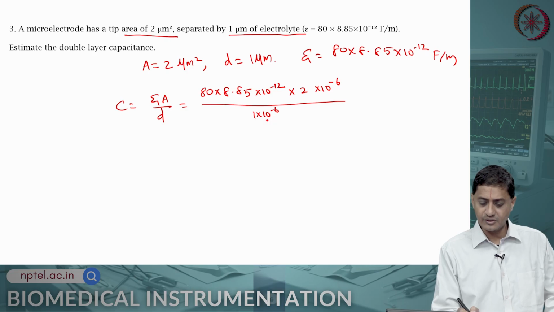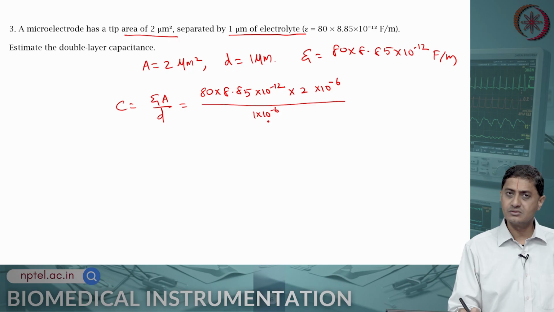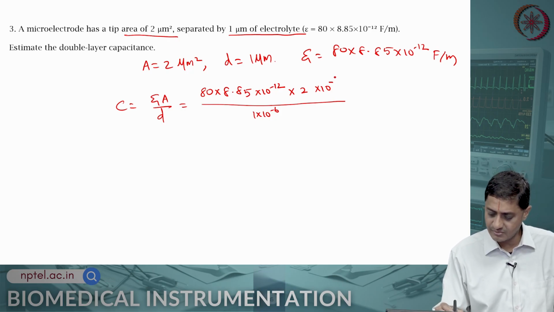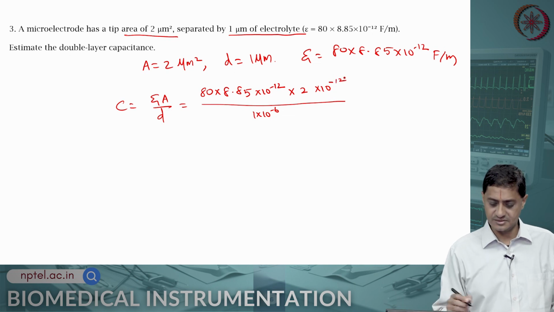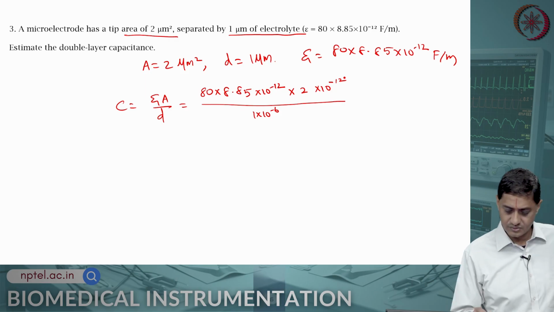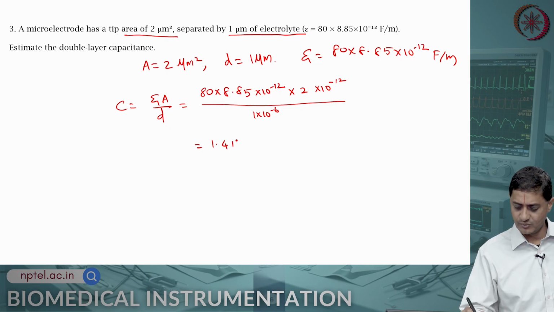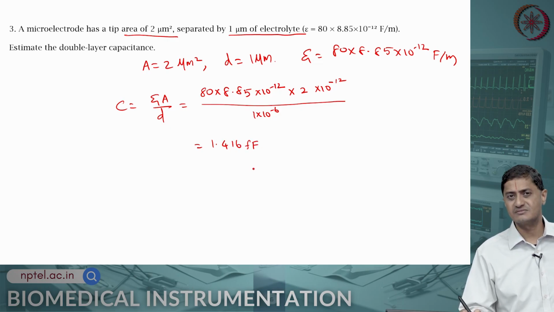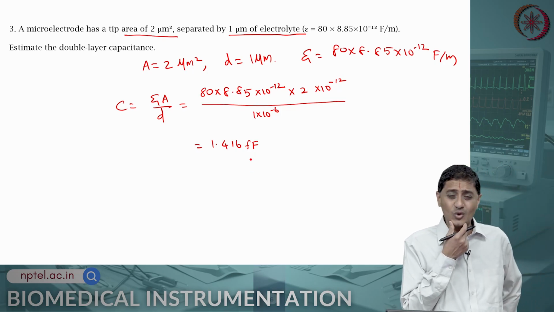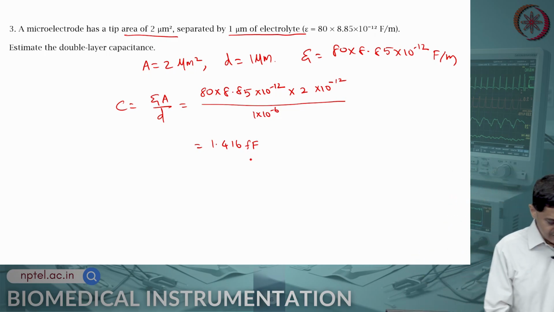Check this. After some computation, I will end up with 1.416 femtofarads, a very small capacitance, but it still plays a critical role in the computation. Please check whether this is correct.